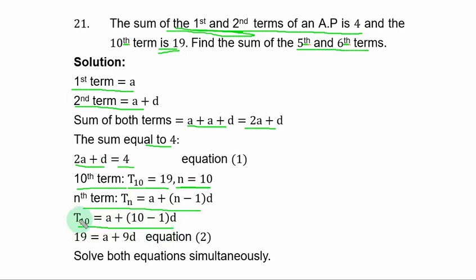Now, T sub 10 is 19, equal to first term A plus 9D, since 10 minus 1 is 9, times D. You have 9D. You call that equation 2. Solve both equations simultaneously.